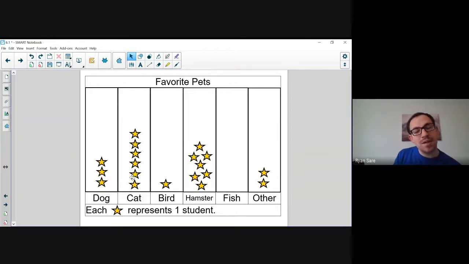But someone might look at this and just see that this one's the highest one up, and they might say, well, it looks like cats are the favorite pet. But that's not true. I didn't organize this very well. So in this case, I tried to make it so that they were about even with each other so that we could see that it was hamsters that was the most. That's something you want to watch out for when you're making a picture graph.